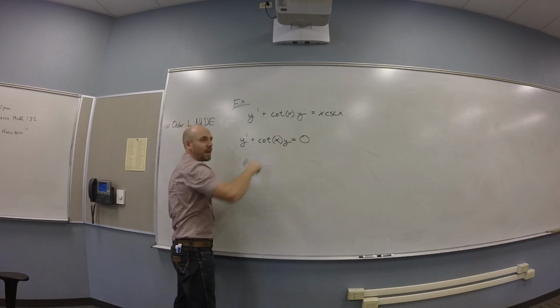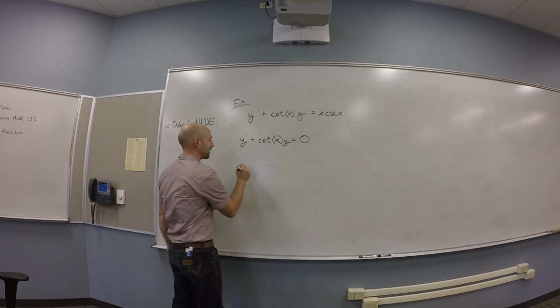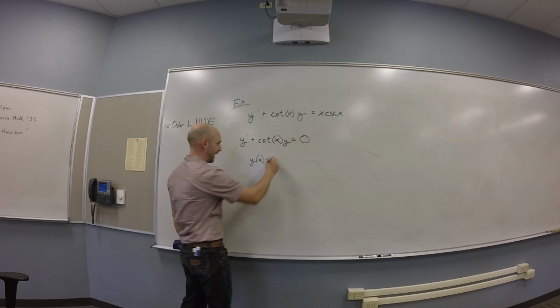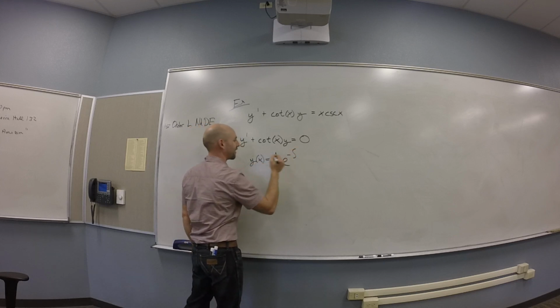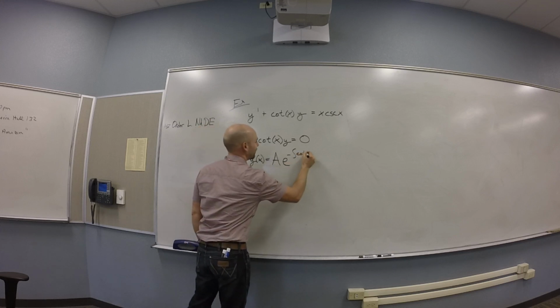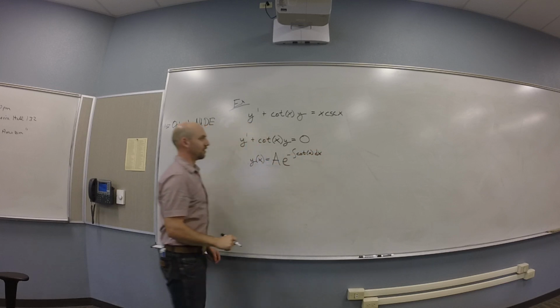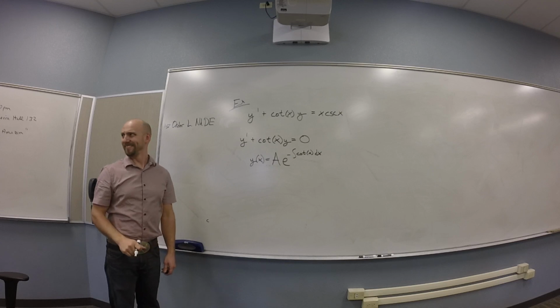So the form says that when I have a first order linear homogeneous equation, the answer is given by y of x is a e to the negative integral of cotangent of x dx. That one's cosecant squared x, right? No, that's the log as well. Oh. I have no idea. Google's one. No. It's easy.